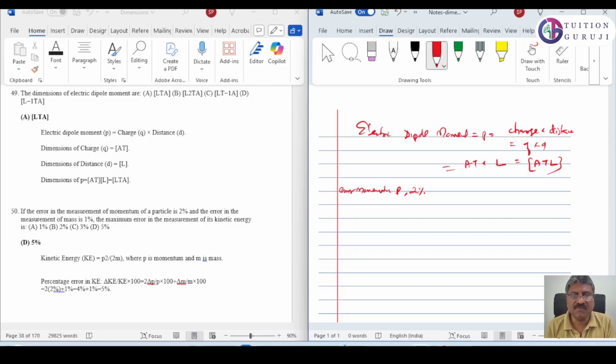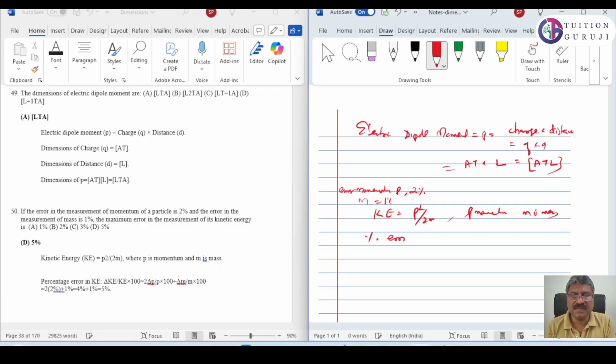Now the error in the measurement of mass is 1%. So the maximum error in the measurement of its kinetic energy. So we know that kinetic energy is equal to P square by 2m, where P is momentum and m is mass.